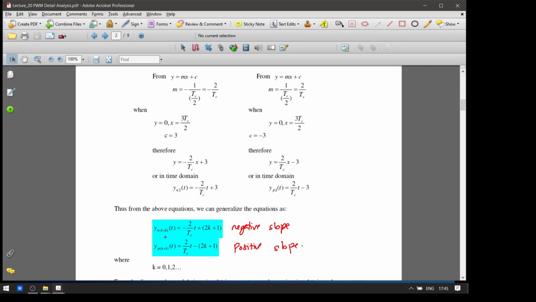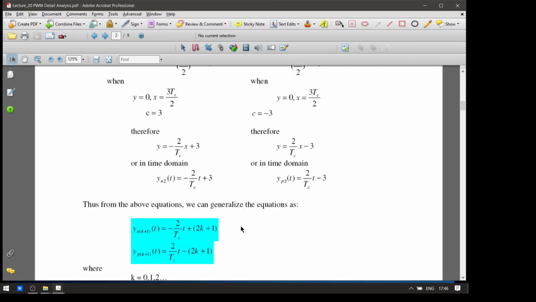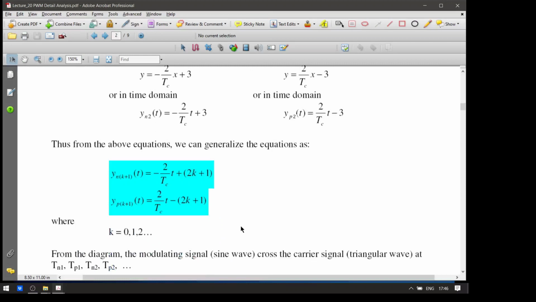If you want to have the first negative slope, k should be equal to 0, isn't it? Therefore you have yn1 equals minus 2 over Tc t plus, with k equals 0, plus 1.